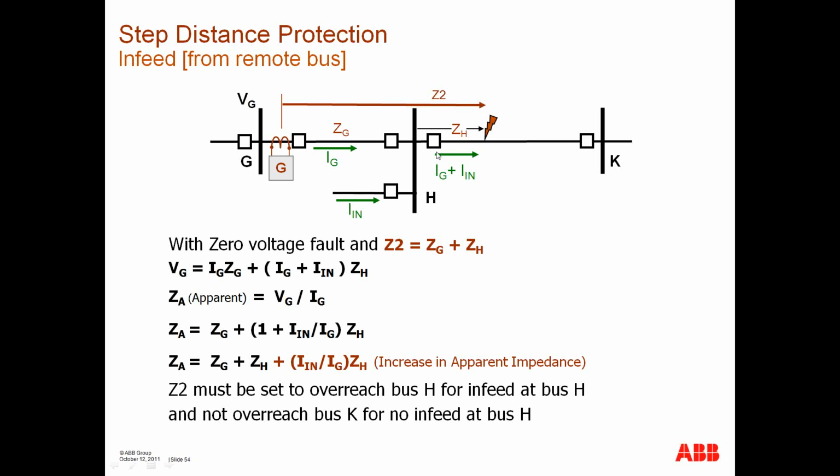And therefore, you've got to be very careful in setting it such that you cover all the faults here. So it must be set to overreach bus H for in-feed from bus H. This is Zone 2, but not overreach bus K over here for no in-feed. In this case, for no in-feed at bus H. So you've got to figure out exactly where to set it.